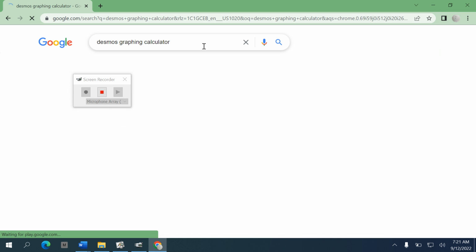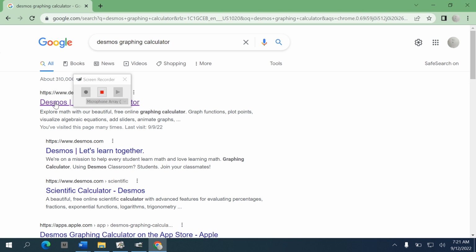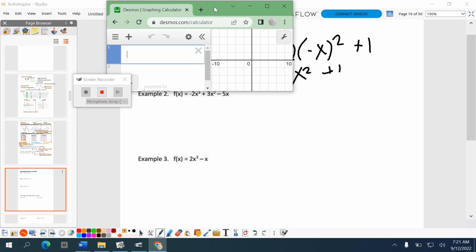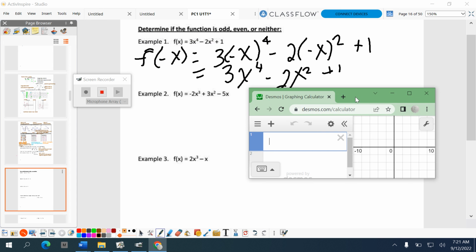I know I produced the same function when I plug that number in, but now I want to check. So I'm going to say f of x equals 3x to the 4th. And it helps us with our algebra skills to make sure that we're doing things right when we plug that negative in.